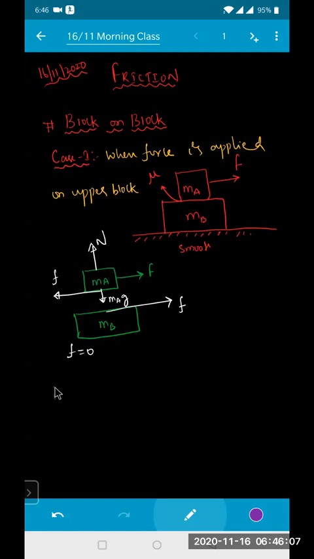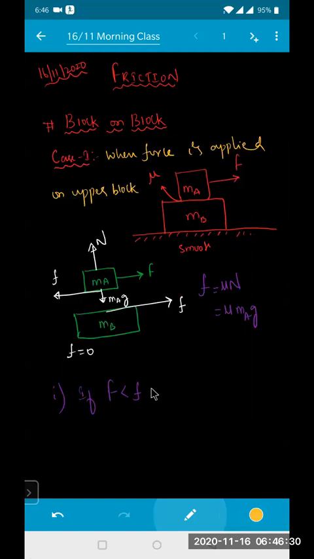First one: if your applied force, capital F, is lesser than friction. How to write the friction? f is equal to mu into N, that is mu into, N will be equal to how much, beta? MA into g.